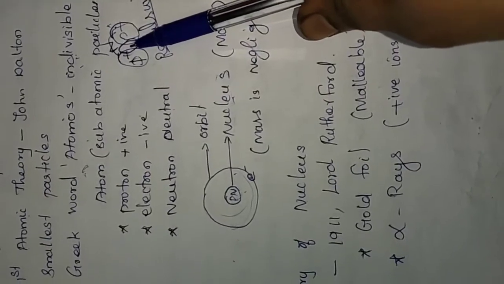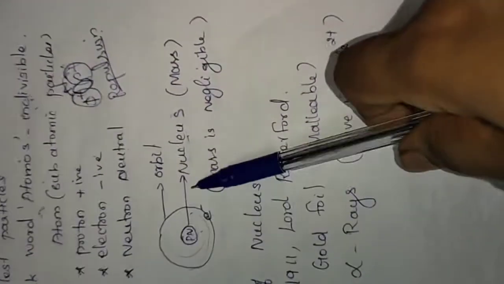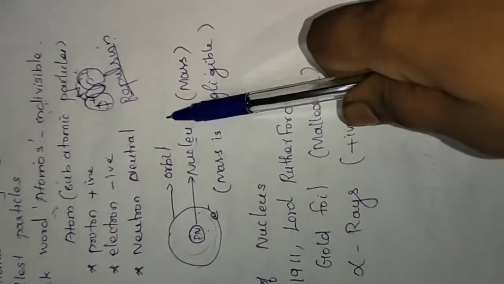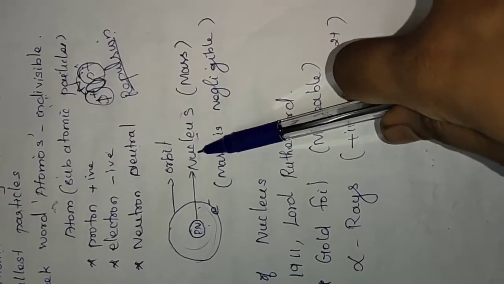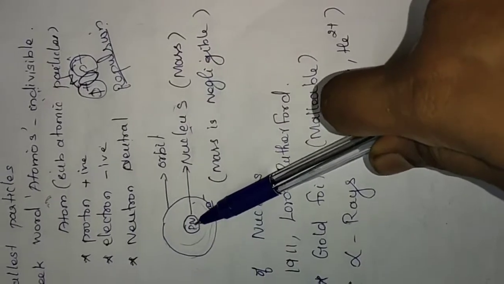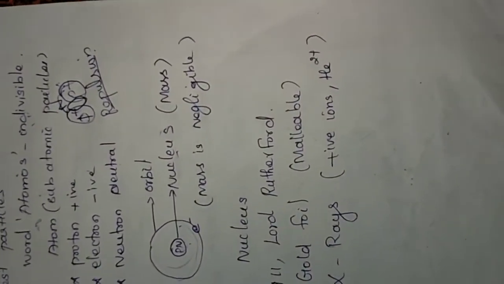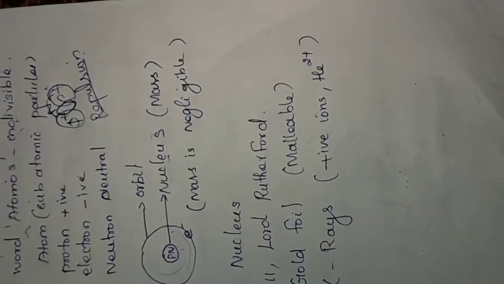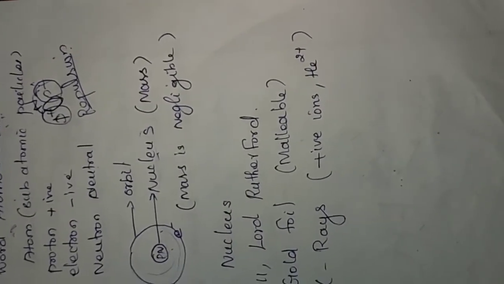Neutrons are present. And also see, the mass of the atom depends upon the nucleus. For an atom, what contributes mass is the nucleus, due to the presence of protons and neutrons. So the mass of the atom totally depends upon the nucleus. What is present inside the nucleus?